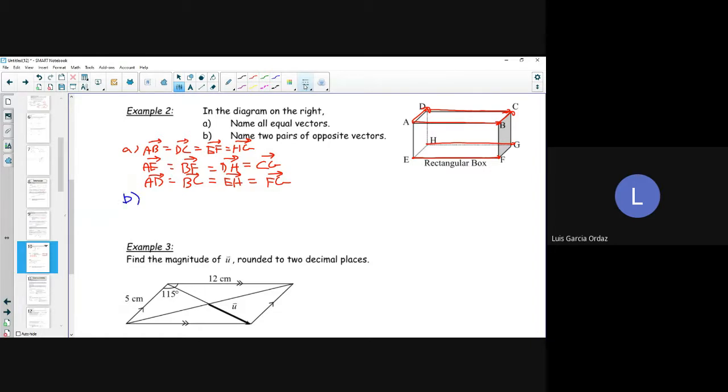Now for B, I need to name 2 pairs of opposite vectors. So who can name me 2 pairs of opposite vectors in this prism? Let's see, you can come up with the negative vectors for this one.